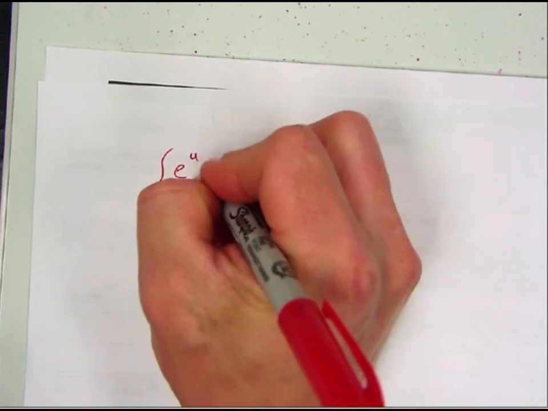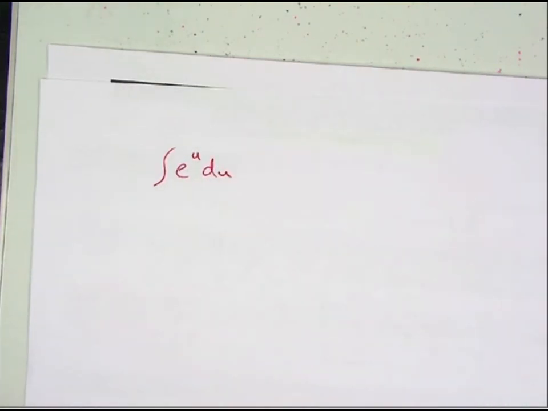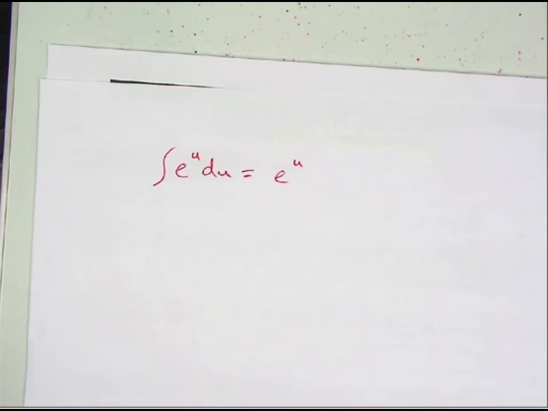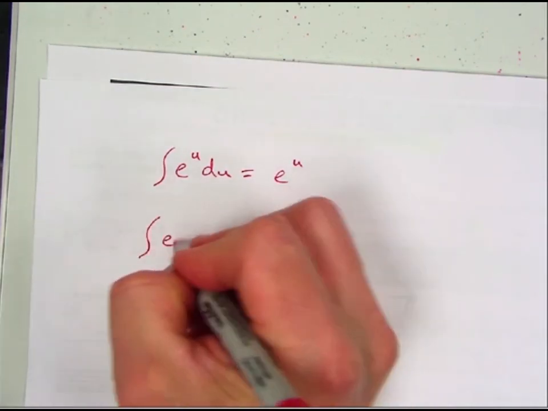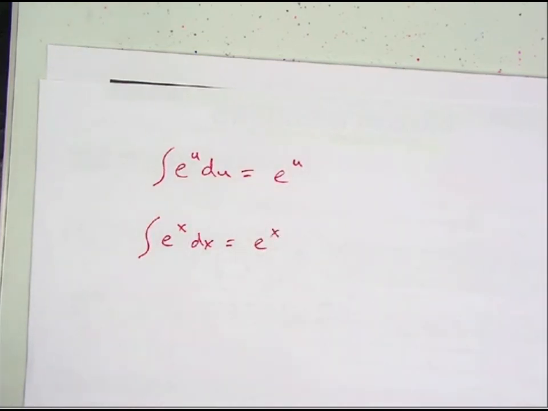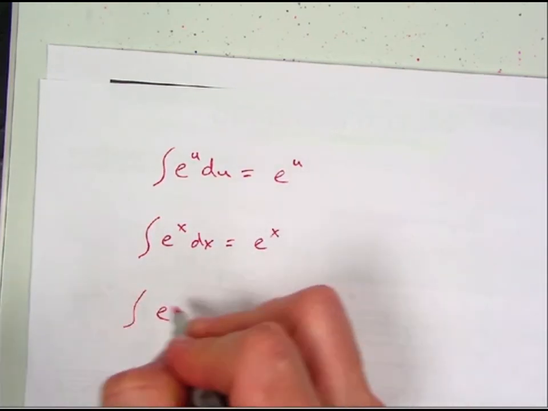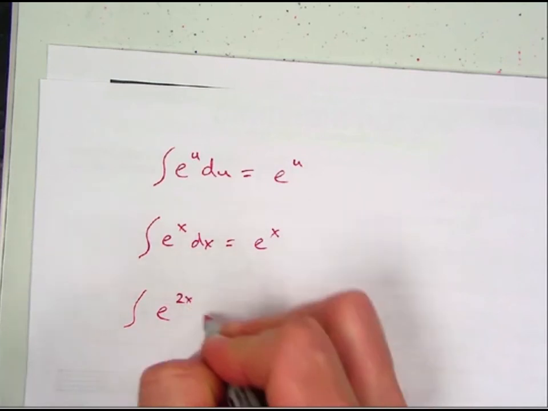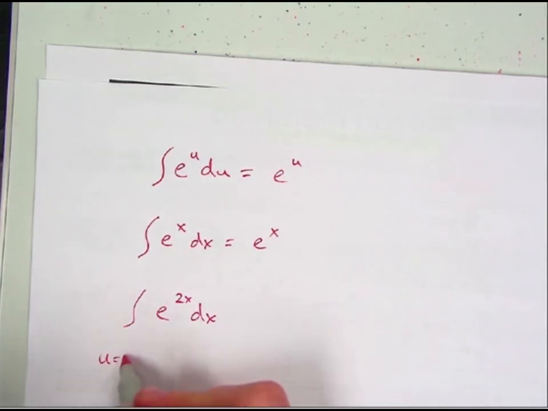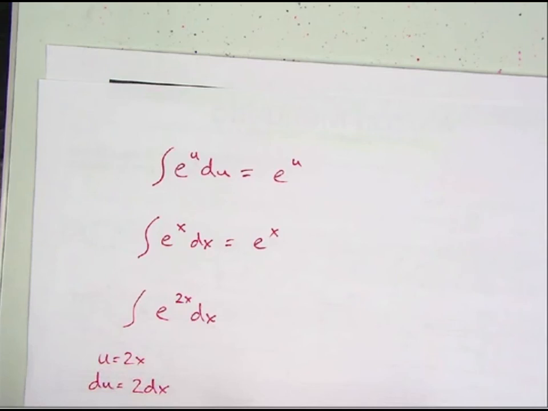this is what we're looking for. E to the u du, and it just equals e to the u. So what happens, if we just had e to the x dx, that's just e to the x. Right. Now as we put something up here, like 2x, okay, now we don't have u du, because u is 2x, and du would be 2 dx.